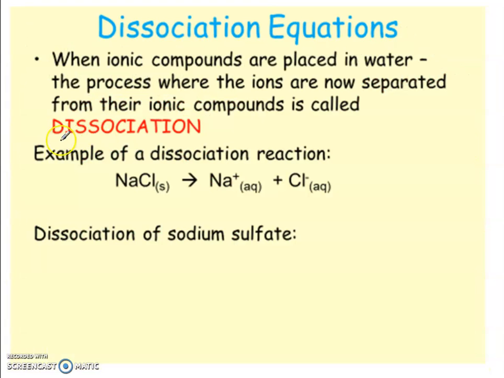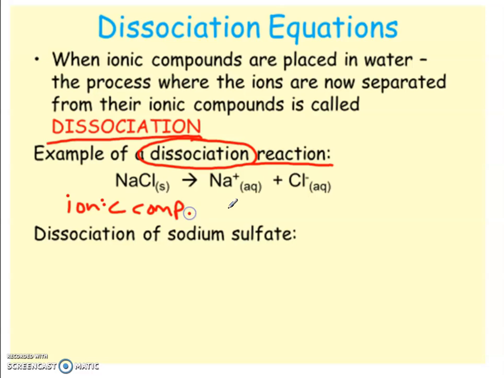When we write out a dissociation equation, I know it's called a dissociation reaction, but the term dissociation just simply means ionization, like the ions are being produced. On the left side is always the solid ionic compound, okay? And on the right-hand side is always the ions that are produced. So check out the states.